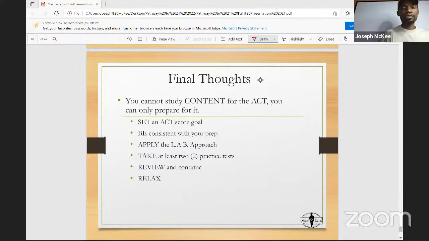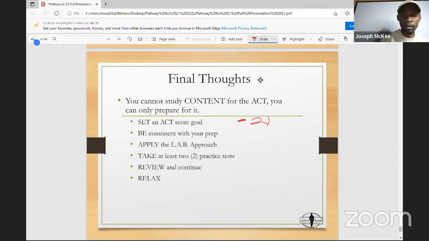So some final thoughts. I know I just gave you that math book, but remember, you can't really study content for the ACT. You can prepare for it. So set your score goal. For this workshop, we're talking about a 21. Be consistent with your prep.